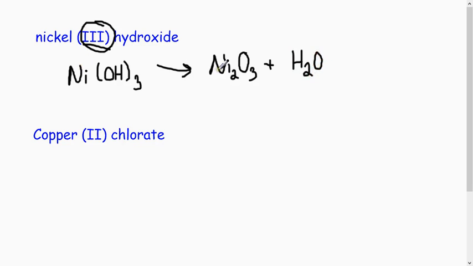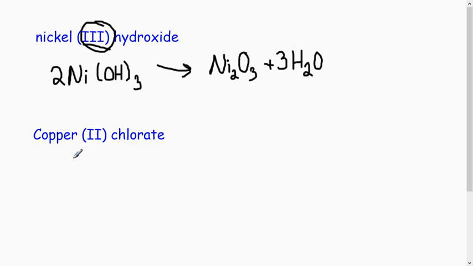One nickel on the left, 2 on the right, so I need a coefficient of 2 here. I have 6 hydrogens on the left, so a coefficient of 3 balances out the hydrogens, which also balances the oxygens.